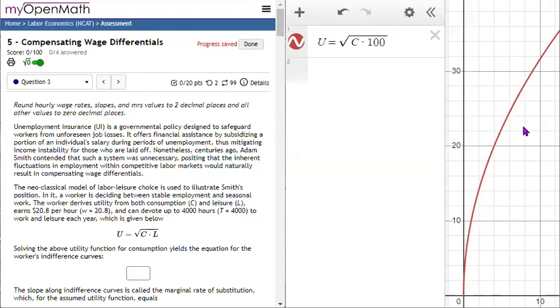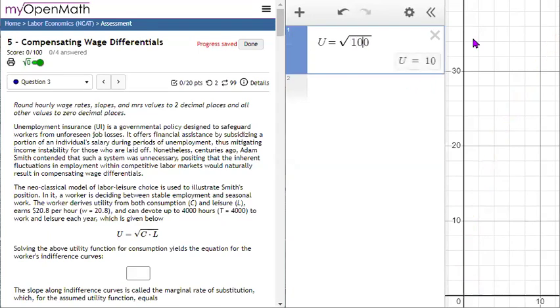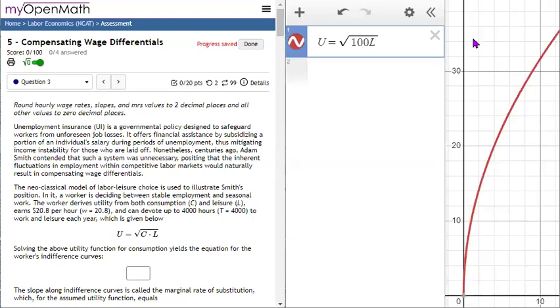And that's the law of diminishing marginal utility, right? You can say the same thing if we hold consumption constant and allow leisure to rise. As leisure increases, utility increases, but at a decreasing rate. Again, that's the law of diminishing marginal utility. That's what's really cool about this type of utility function. It models that law, right?